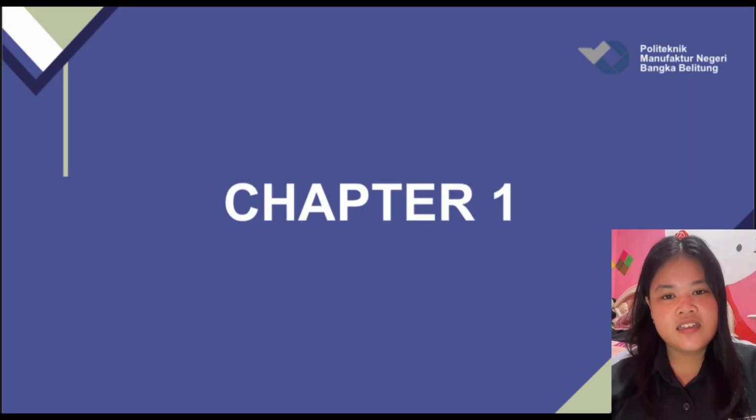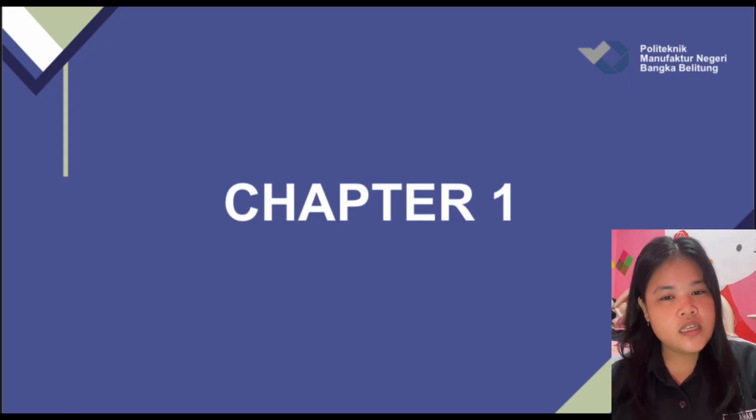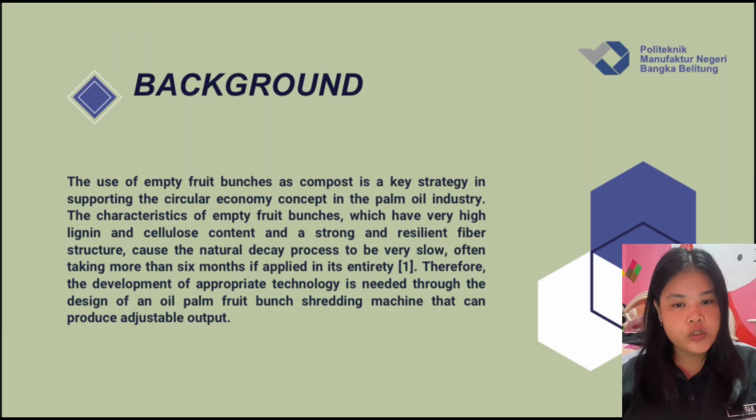Okay, in this first chapter, the introduction, there's the background. What's in the background? The use of empty fruit bunches as compost is a key strategy in supporting the circular economy concept in the palm oil industry.